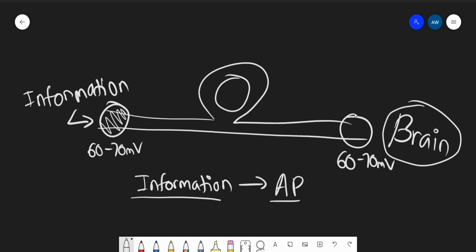So how do we copy the signal from over here to over here? In the previous lecture, we proposed diffusion. The way an action potential is generated is, we went from negative 70 millivolts to around 70 millivolts, and that means that the inside of the cell has turned more positive than the outside of the cell. That can be caused by, say, some positive ions from outside moving to the inside of the cell.